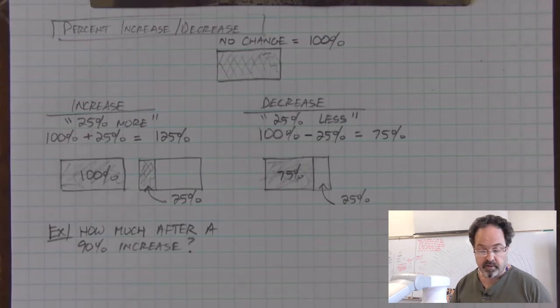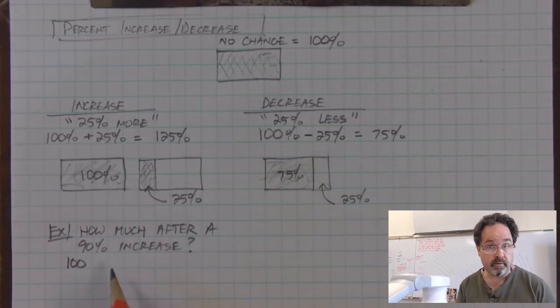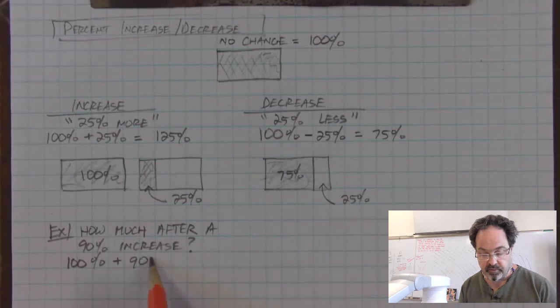How much of the quantity would we have after a 90% increase? So we have to consider that we begin with 100% of our quantity, whatever we're measuring, and we're adding an additional 90% to make a total of 190%.